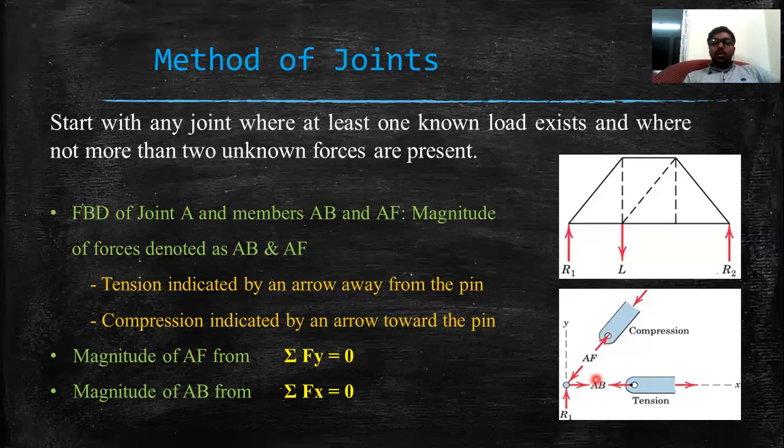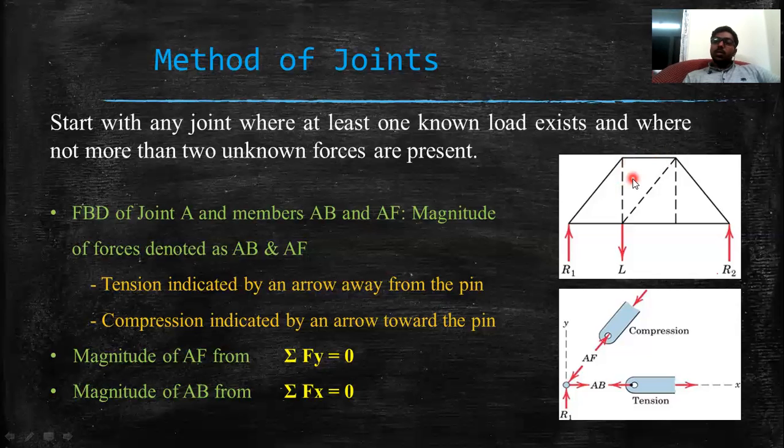But before starting, we have chosen joint A. Someone may say, no, I will choose this particular joint first, not A. There is some logic why I am choosing this joint, because we have only two available equilibrium equations at one joint, that is sum of Fx is 0 and sum of Fy is 0. If we consider this other joint, we have one member force in this direction, a second member force in this direction, and a third member force in this direction.